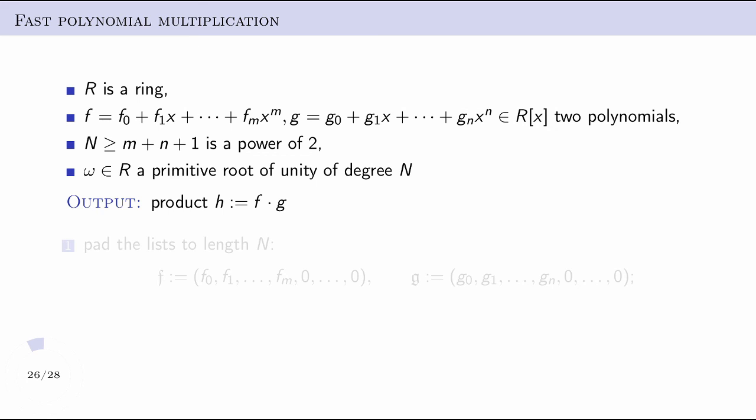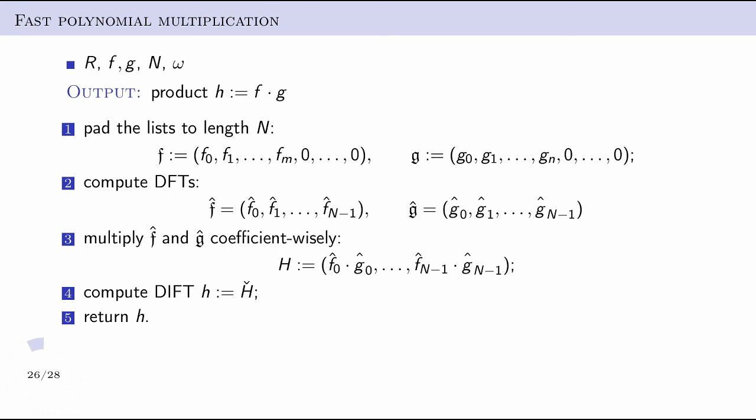And we select a power of 2 because the version of the Cooley-Tukey algorithm we discussed assumed a power of 2. And we select it in such a way that we know the primitive root of this degree, or we can compute it. This algorithm takes these two polynomials and returns their product.